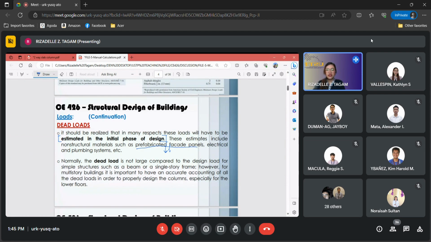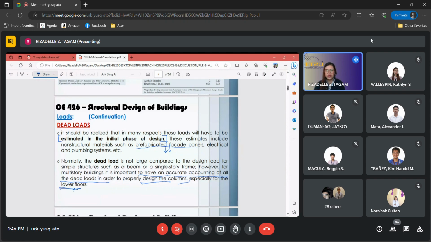Normally, dead load is not large compared to the design load for simple structures such as a beam or a one-story frame. However, for a multi-story building, it is important to have an accurate accounting of all dead loads in order to properly design the columns, especially for the lower floors.